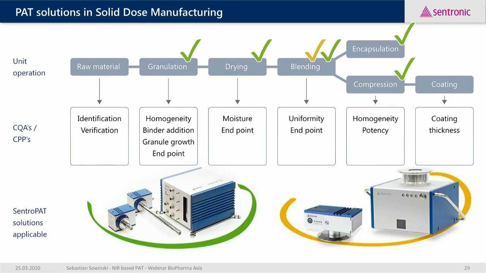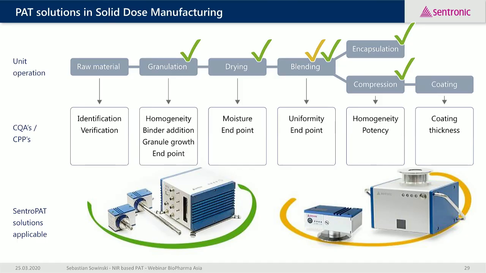The two main solutions we offer today are the Sentronic FO, which is shown on the bottom left side, as well as the Sentronic DA for monitoring of bin blending processes. The unit operations our systems are used in are the granulation, wet and dry granulation.